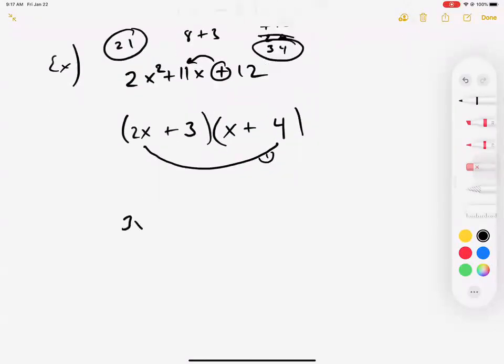Let's do 3x squared plus 8, and then minus 14x. Okay, I want you guys to go ahead and factor this.